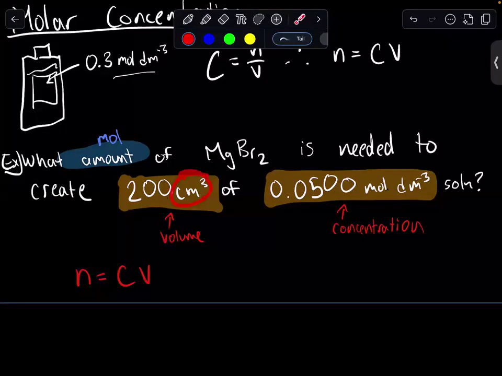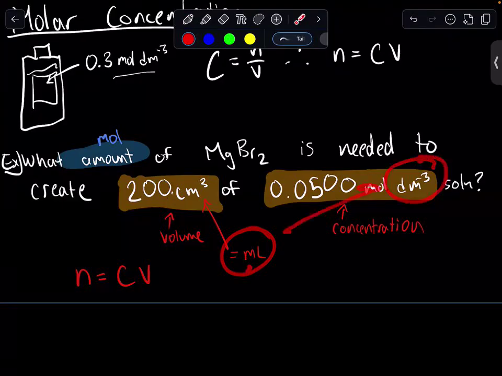Now, you may notice that there's a little hitch here. My volume is in centimeters cubed, but my concentration is in decimeters cubed. This happens often because centimeters cubed, like I said before, is equal to milliliters, and a lot of the products you use in your lab measure in milliliters. However, the DP likes to measure in decimeters, so we have to convert between the two. That's all right.